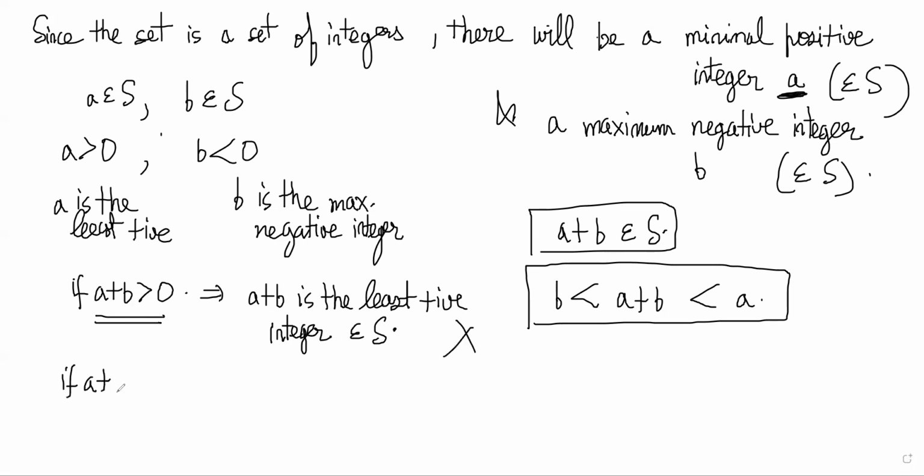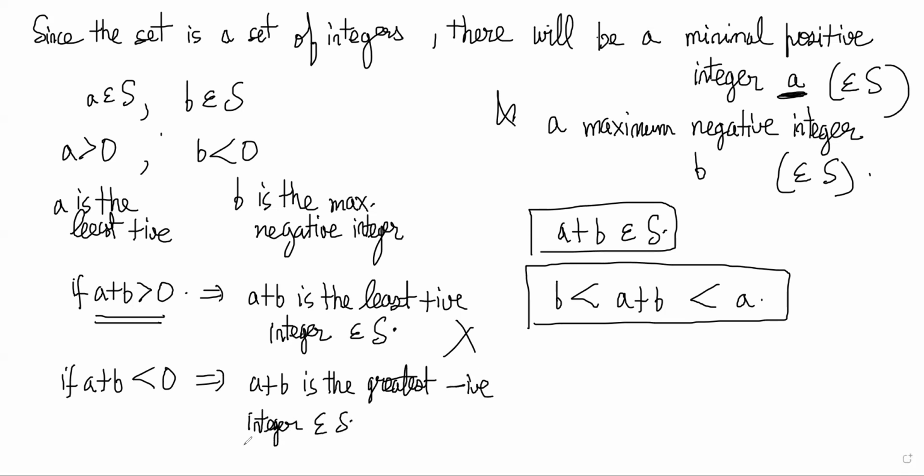Similarly, if A plus B is less than 0, then A plus B is the greatest negative integer belonging to the set, because A plus B is bigger than B now, and B was supposed to be the greatest negative integer belonging to the set. So this is also not possible.